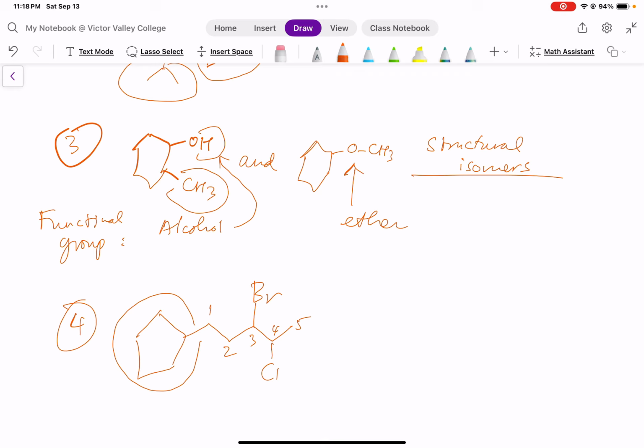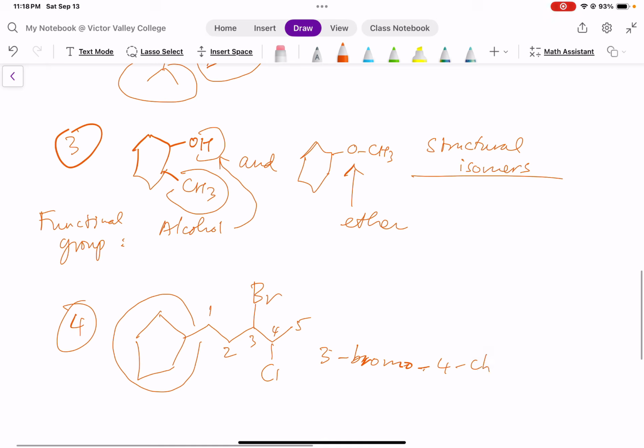Alphabetical order, bromo has got to go first, and then cyclopentyl and chloro, which one goes first? 4 chloro, CH, and then 1 cyclo, so CY, pentyl, pentane.